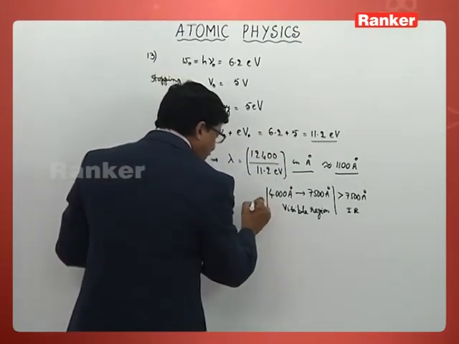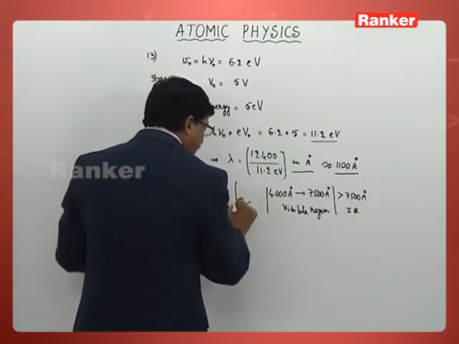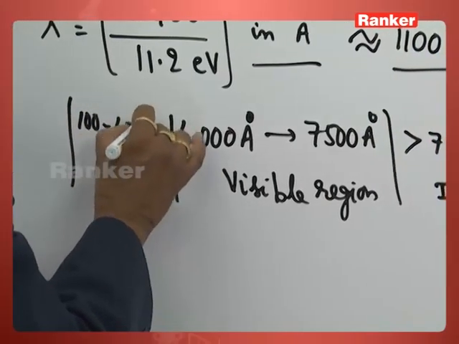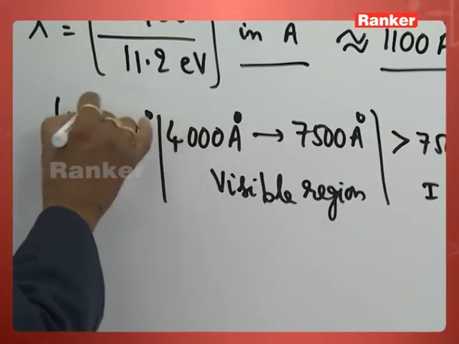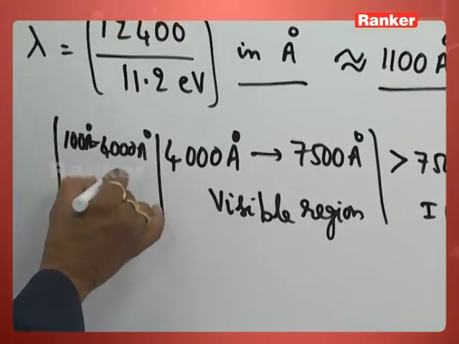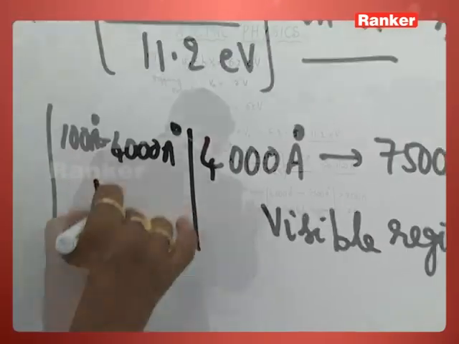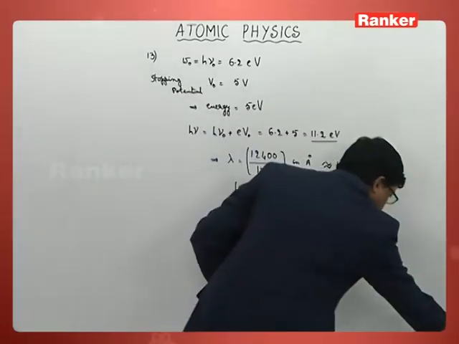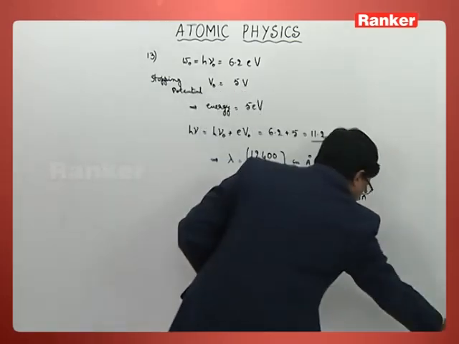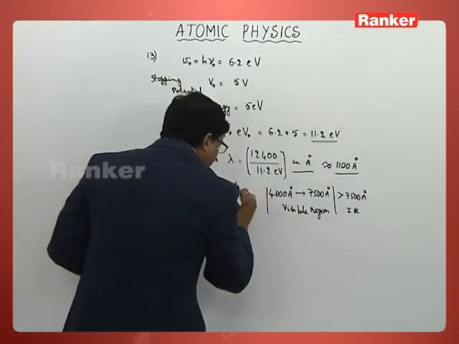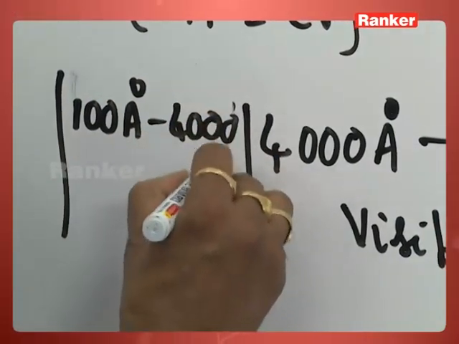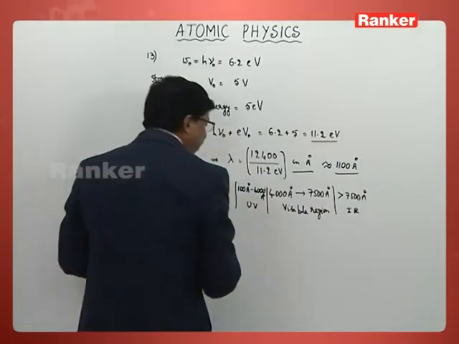Less than 4000, roughly between 100 and 4000 angstroms, that is the ultraviolet region, UV region, we used to call it. It is between 100 angstroms to 4000 angstroms that you will be finding the ultraviolet region.